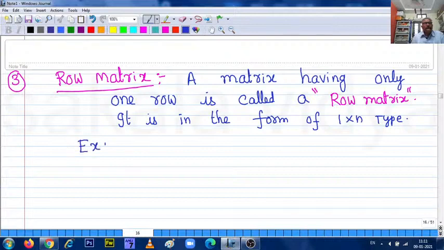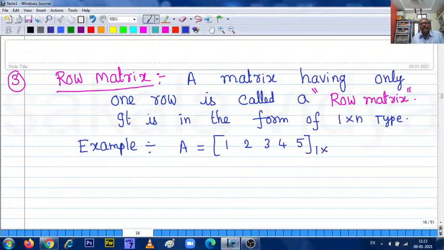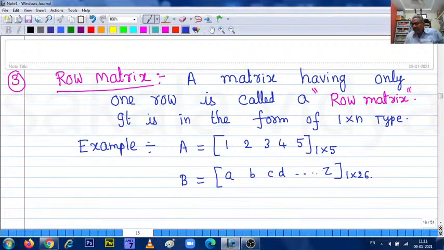Example, A equals 1, 2, 3, 4, 5. How many rows are there? Only one row. How many columns? 1, 2, 3, 4, 5 columns. 1 by 5. Another example: A, B, C, D, and so on up to Z. 1 by 26. So these are examples of a row matrix.